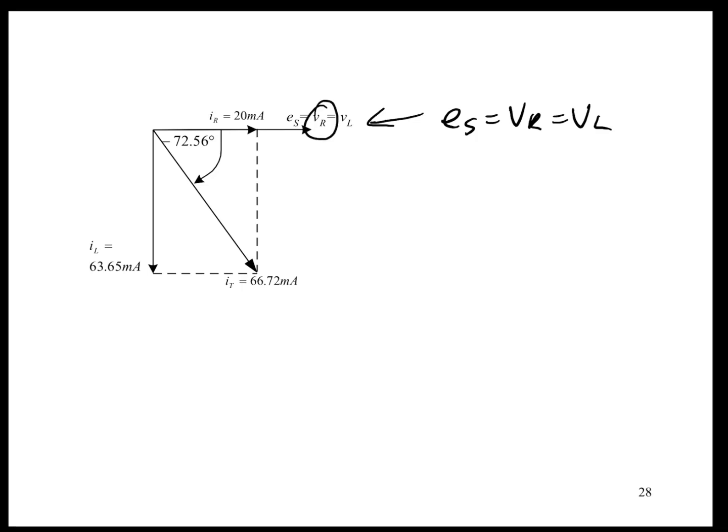That means that with VR being found right here, IR has to be right in phase with it, a 0 degree phase angle. And from the previous circuit, you calculated that as 20 milliamps. And our lagging current, 63.65 milliamps. You know that Kirchhoff's current law says that the result is going to be adding the two together.